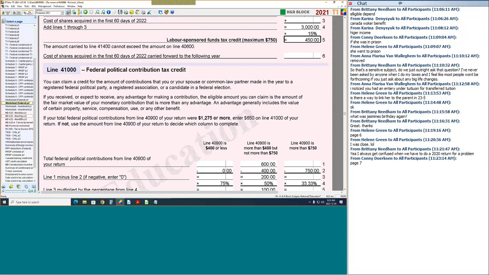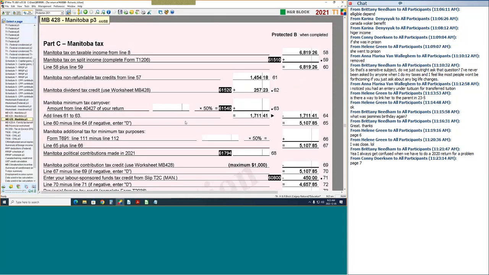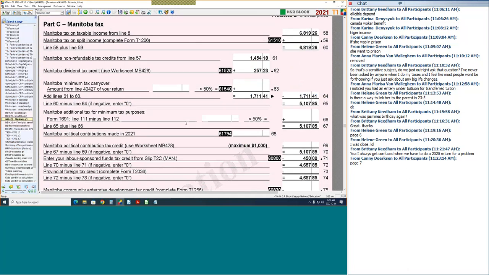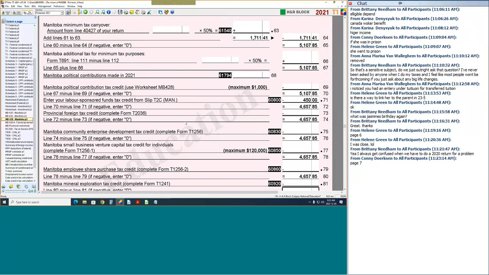Good. I'd like you to notice that it is not going to show up on the Manitoba form, because remember, LSVCCs are matched, the federal and provincial, but political contributions only go to the government level that they are connected to. So we will not have a Manitoba contribution unless she made one. So I'm going to tell you that she made one.